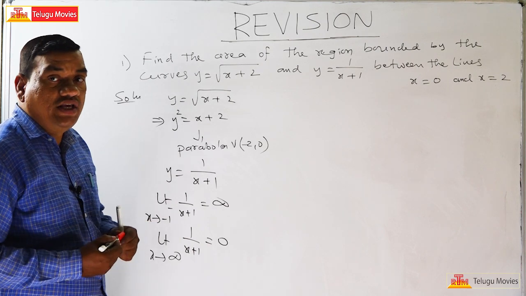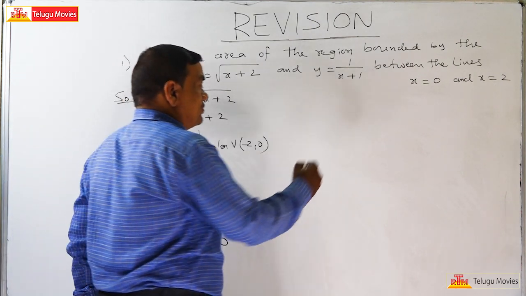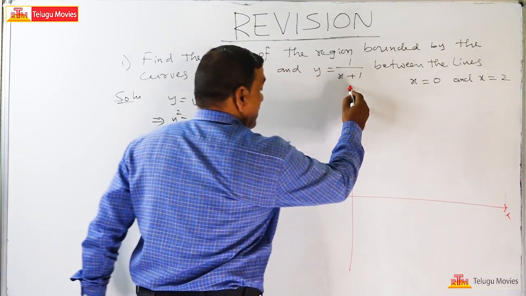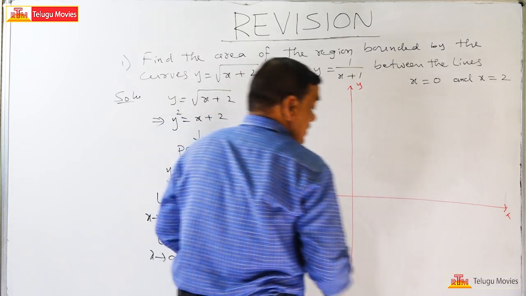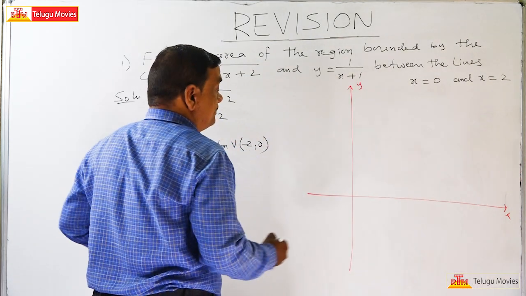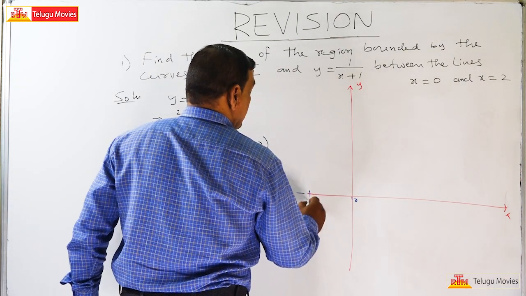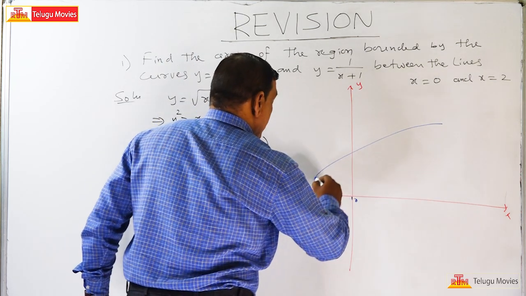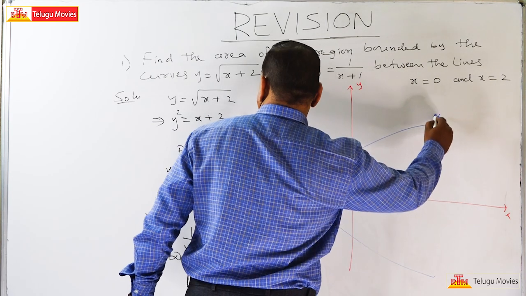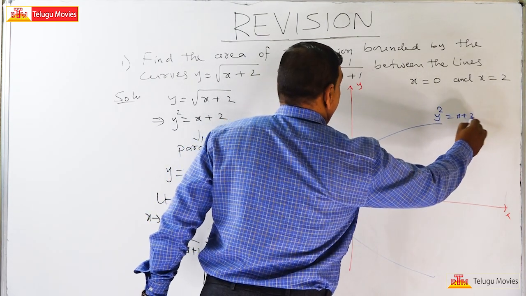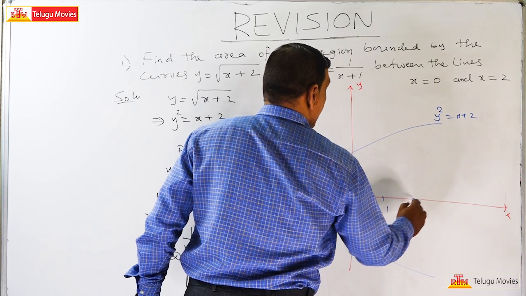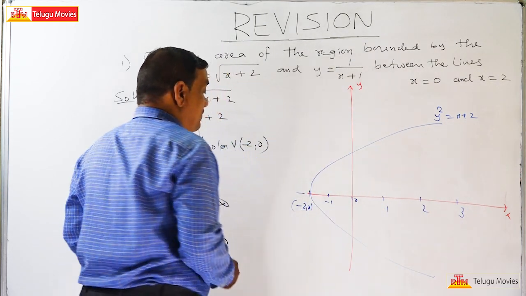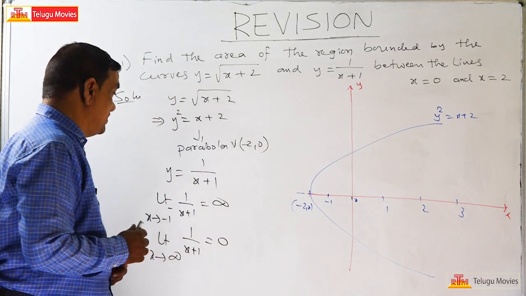Let us draw the graph of these two curves. This is the x-axis and this is the y-axis, this is the origin, and this is minus 2 comma 0. The first parabola is y squared equals x plus 2. The curve will be like this.